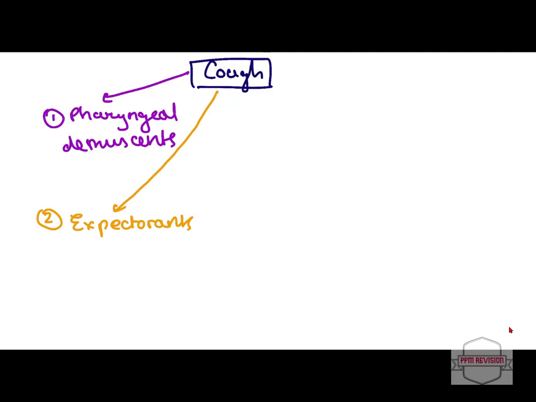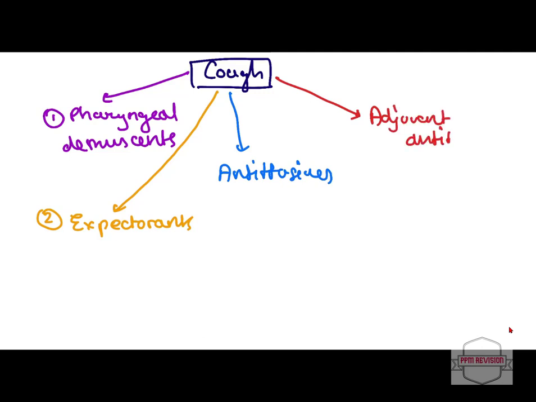The third category being antitussives, and then we have the fourth category, that is known as adjuvant antitussives. So these are the four. Let me name it 3, and this is 4.